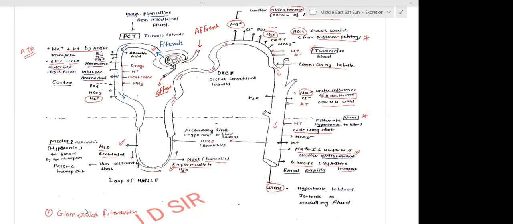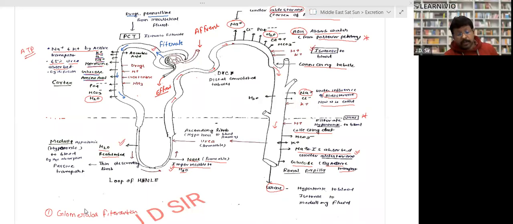Yeah, so that's what I have doubt on. That's why I asked you. In case you have a problem with any single term, ask me right now. Look, isotonic means if the concentration of two liquids is equal, like I have liquid A and liquid B. If the concentration of both liquids is equal, then I will call both isotonic.